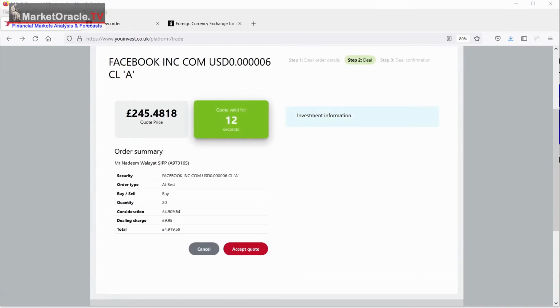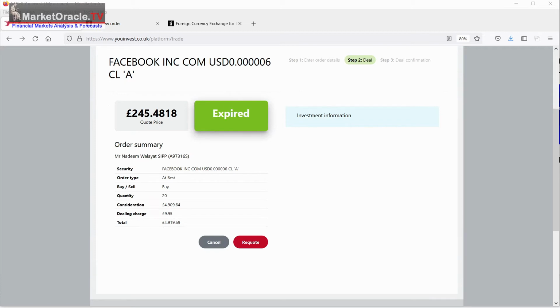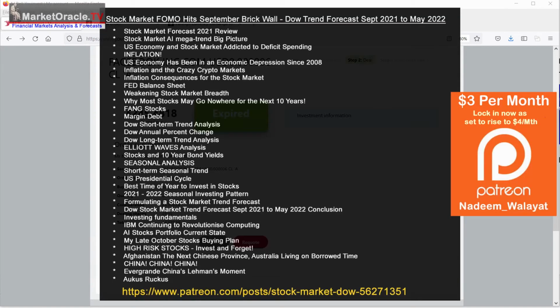Whoa, that is a massive difference. Whoa, look at that. That is a massive difference. That's without the exchange fee.